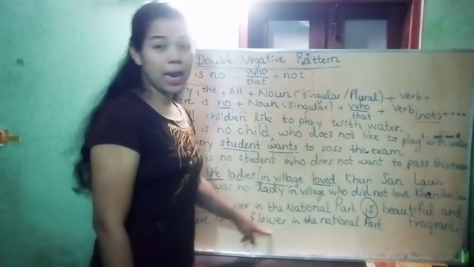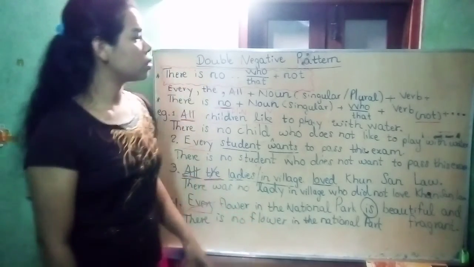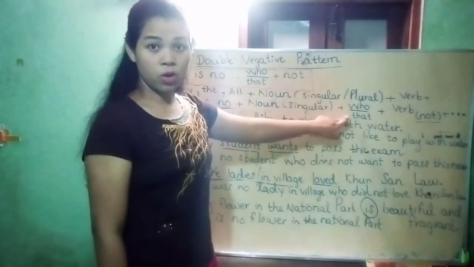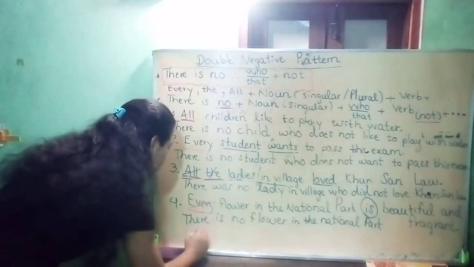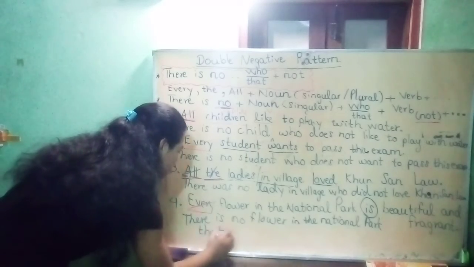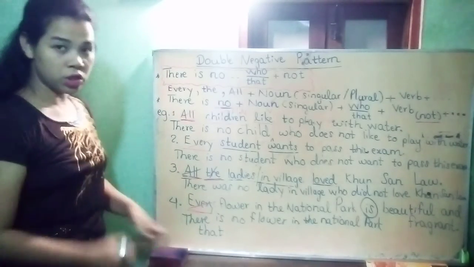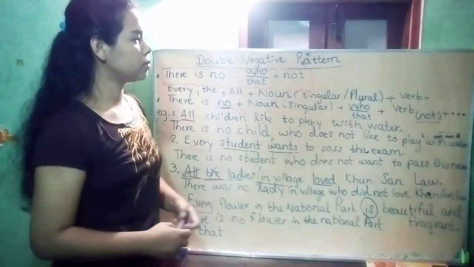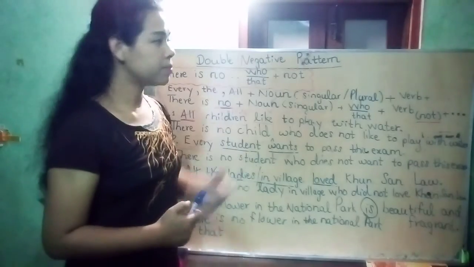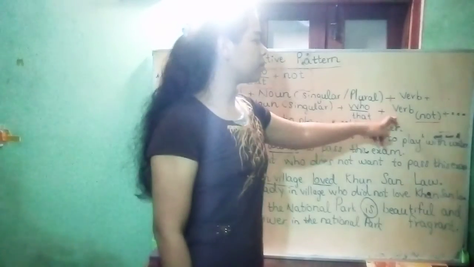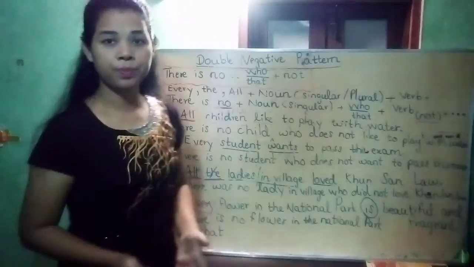Flower is not a kind of person. So, that will be used as the conjunction. That. After choosing the conjunction, the next step is very important for this structure. The verb must be changed into negative form.